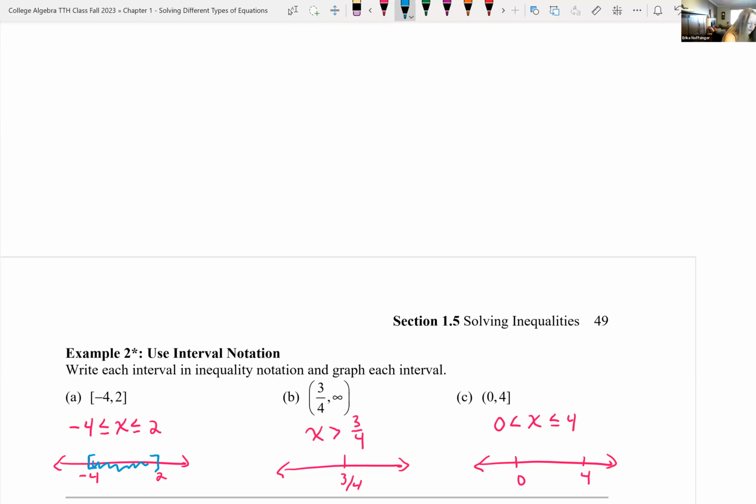We're including both of those end values, so we put brackets. x is bigger than 3/4, so we have a parentheses, and we're shading everything to the right. And then x is between, but not including 0, but including 4. So shade everything in between 0 and 4 with a parentheses on 0 and a bracket on 4.